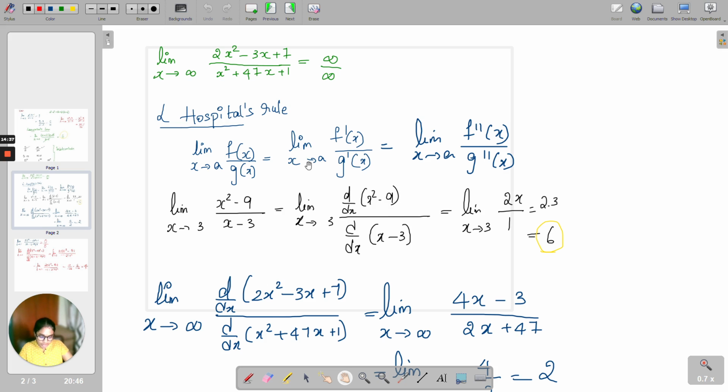In the question you get 0 by 0 form. So obviously it is in A by B form. You differentiate the numerator and then you differentiate the denominator and then you apply the limit and check. If you're getting 0 by 0 or infinity by infinity form, again you apply the L'Hospital's rule.